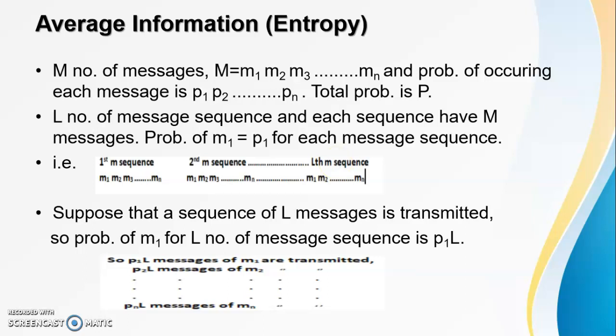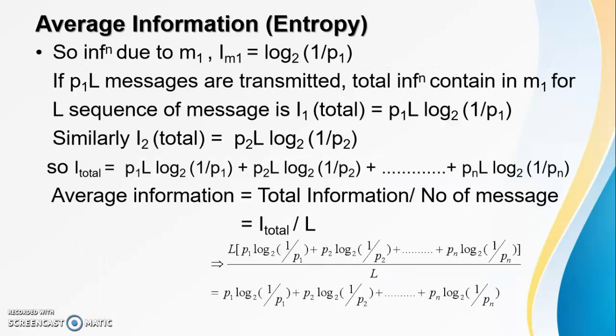So the information due to M1 is I(M1) equals log base 2 of 1 by P1. If P1L messages are transmitted, the total information contained in M1 for L sequences of messages, I1 total, equals P1L log base 2 of 1 by P1.